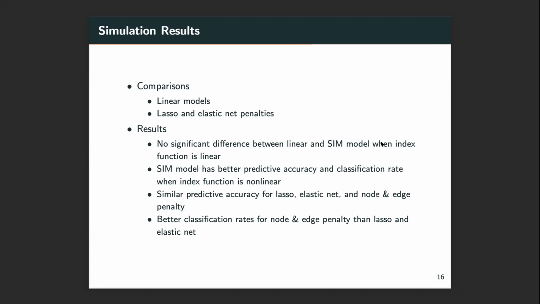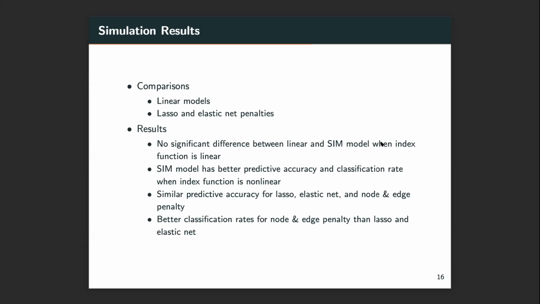And so what we find is that there's no significant difference between the linear and the single index model, when in fact F is linear, which is not very surprising. But we do find that the proposed model has better predictive accuracy as well as classification rate when the index function is in fact nonlinear.